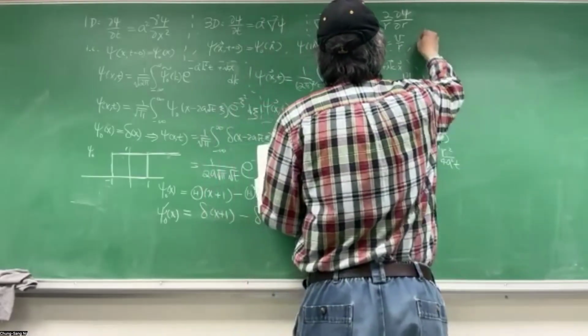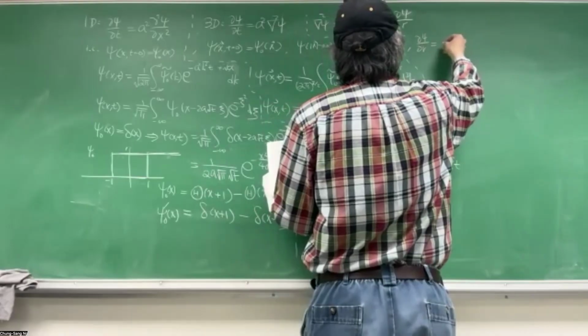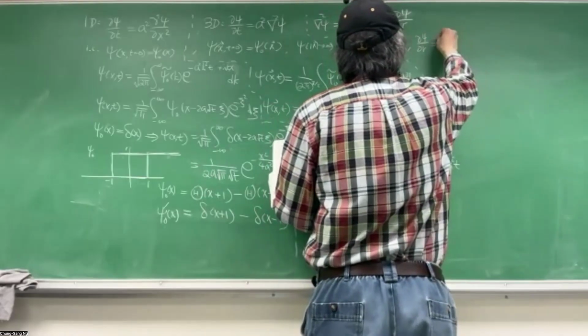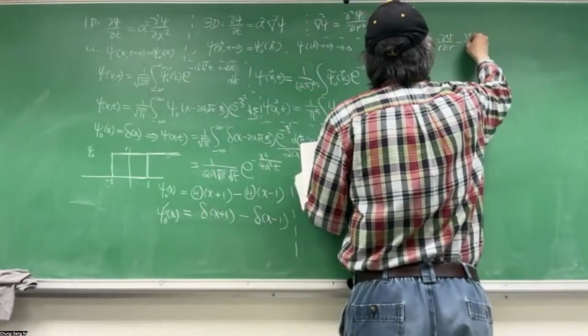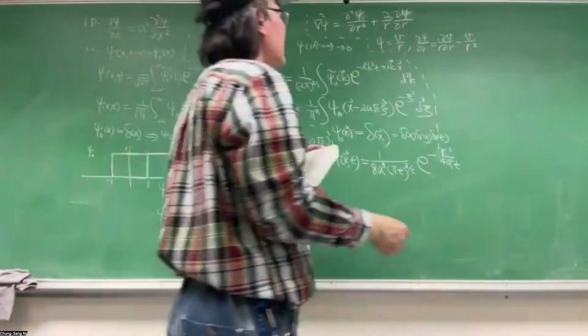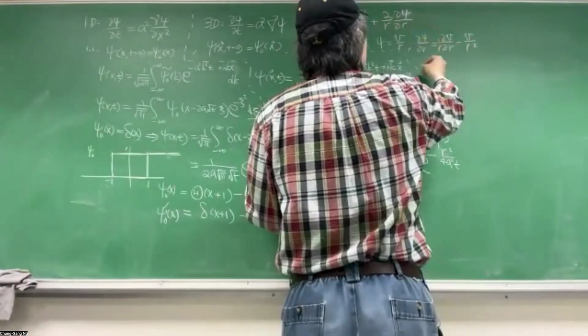So the partial of psi with respect to R has two terms. One is partial v partial R times 1 over R, and minus v over R squared. That's this, and then you need another derivative.